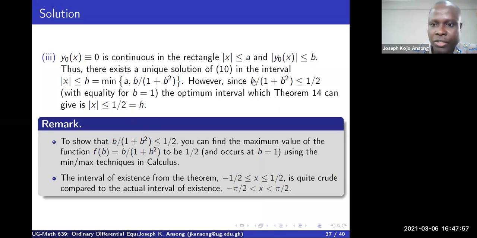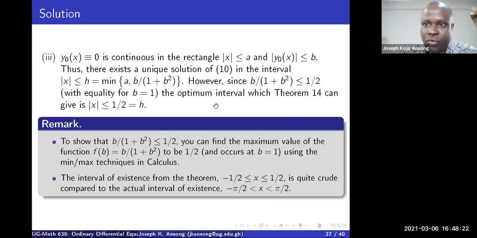Good. Now, how do you show that this expression is bounded by a half? It's less than or equal to half. Well, you can take f of x to be equal to x over 1 plus x squared as a function, and use the techniques in calculus for how to find the minimum and maximum values of a function.